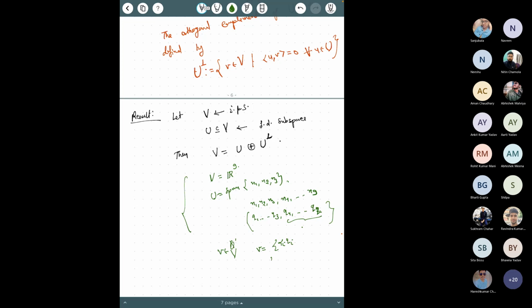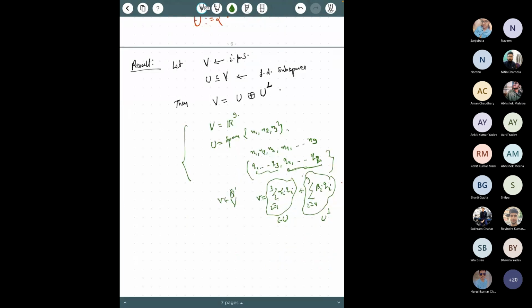That means this part belongs to U and this part belongs to the orthogonal complement of U. And this is true for every vector V. So V can be written as a sum of U and U perp for this example. And you can also show that U and its orthogonal complement have only the zero vector in common. And therefore V is the direct sum of U and U perp.